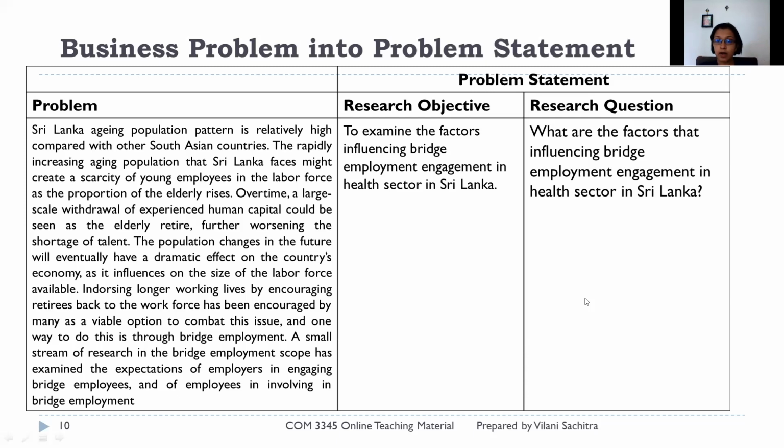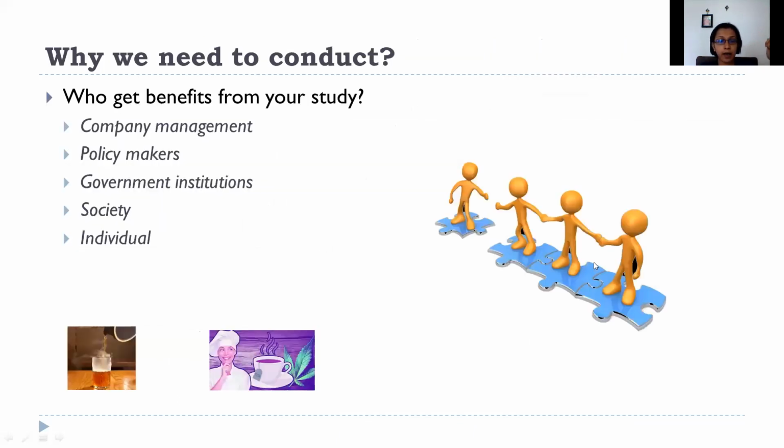Okay, so shortly we will discuss an article and I will let you know how to work with the research problem, right? But before that, let me explain one thing regarding why we need to conduct research. That's the last point I discuss in this session, right? Why we need to conduct research.